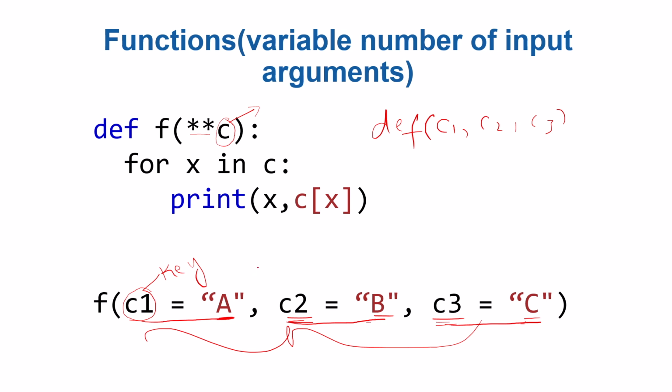We will see dictionary later on in detail, but right now just consider that this input variable C contains a list of key value pairs. And then you can just iterate over this C. You can just apply a for loop to check the contents of this.